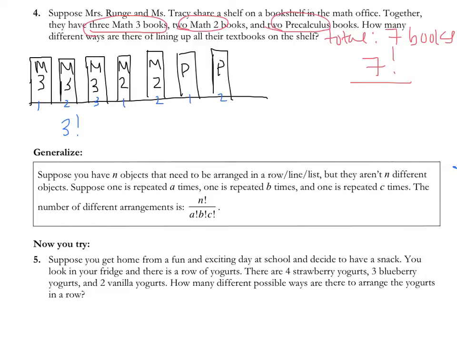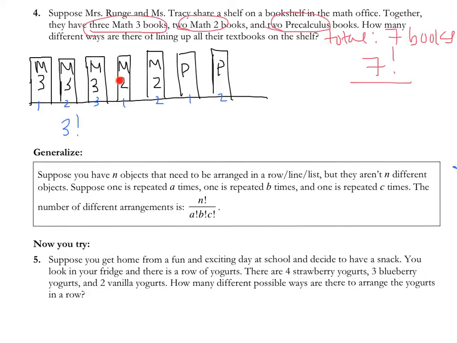Could go 1, 2, 3, 3, 2, 1, 1, 3, 2. So there's a bunch of different orders that you could put these 3 Math 3 books on the shelf in these 3 spots, and yet they wouldn't look any different to us. So this calculation is counting that as 3 factorial, or 6, different arrangements.